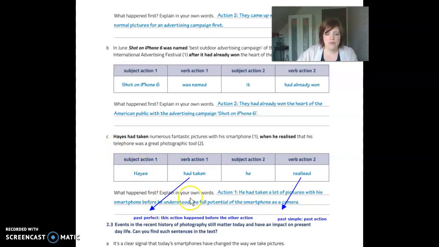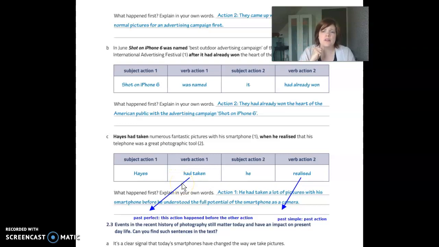Now, if you have a look at the verbs which are used in these sentence parts, you may have noticed something strange. Instead of using two past simple forms for both the actions, we use what is called the past perfect tense for action number 1.